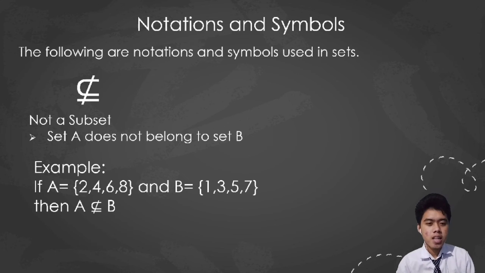And yung set B naman natin is 1, 3, 5, 7. Ito naman is positive odd number less than 9. So, hindi talaga natin makikita yung even number sa set A sa set B kasi yung set B is odd numbers. Therefore, set A is not a subset of set B.